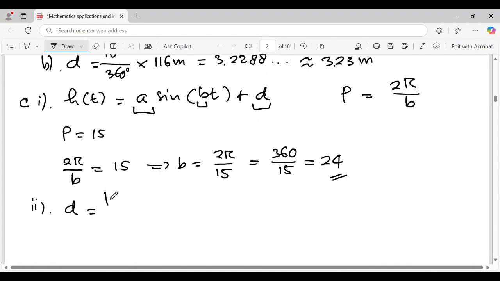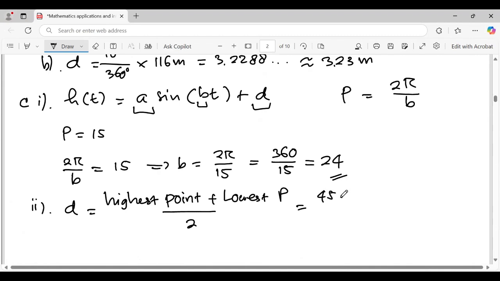D is the highest point plus the lowest point divided by 2. So it means 45 plus 8 divided by 2 equals 26.5.